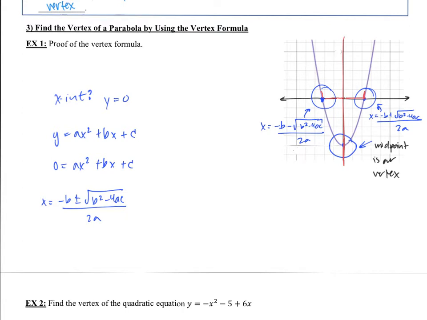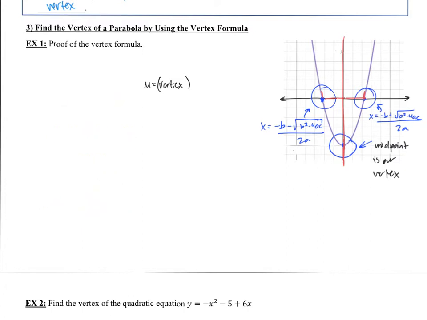Let's go ahead and find the midpoint, which is going to be equal to our vertex. So let me go ahead and erase this scratch work right here. So my vertex midpoint equals the vertex, or the x value of our vertex.